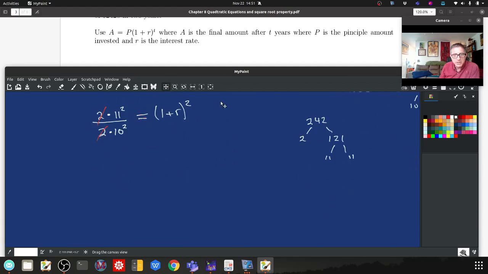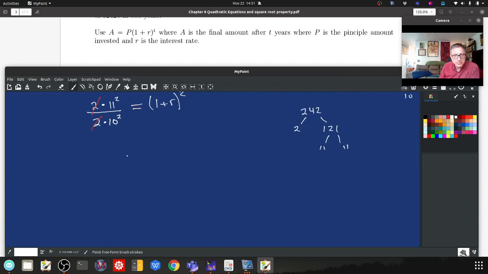So let's continue on. So 11 squared divided by 10 squared is 11 divided by 10, squared. We're using an exponent rule, is equal to 1 plus r squared. So now I'm going to use the square root property.